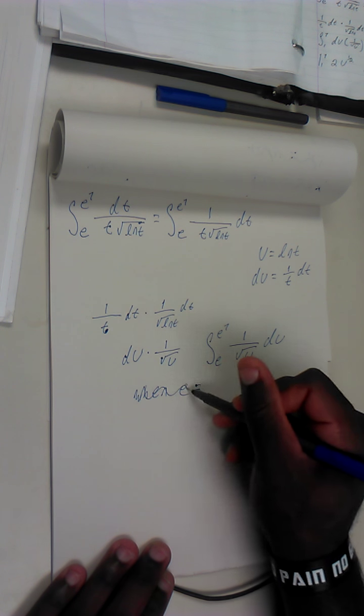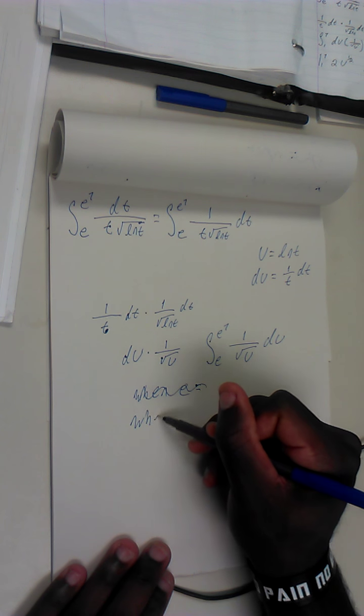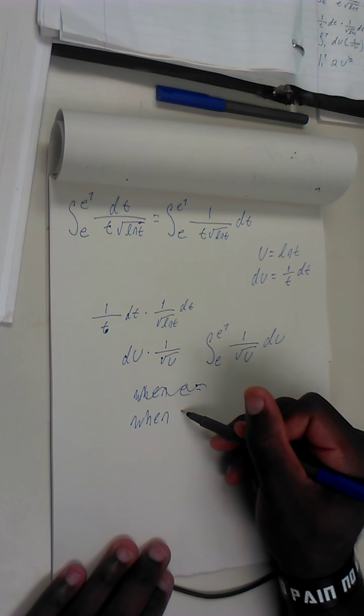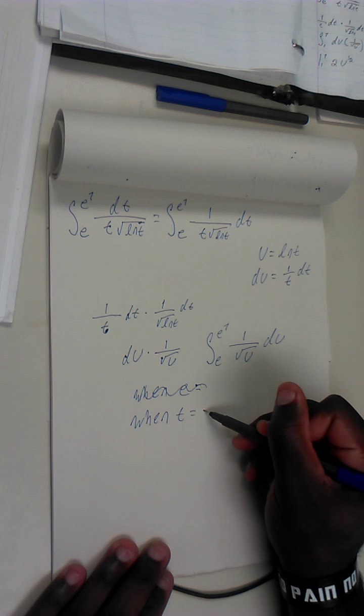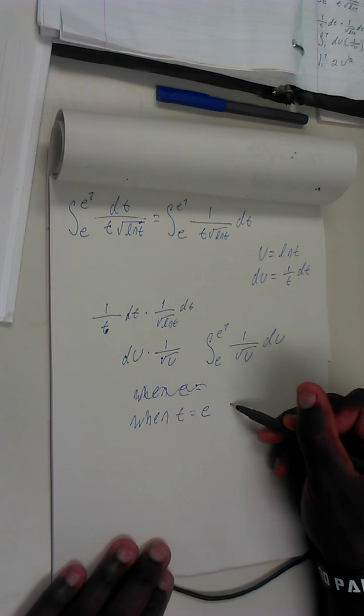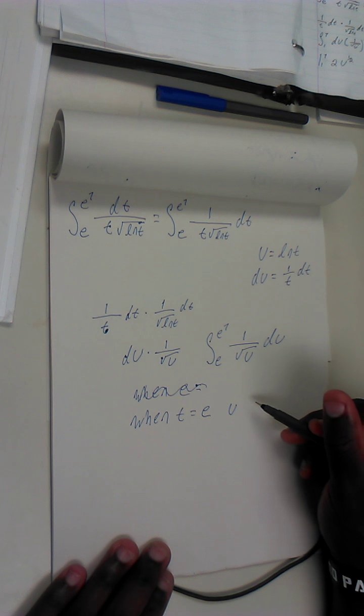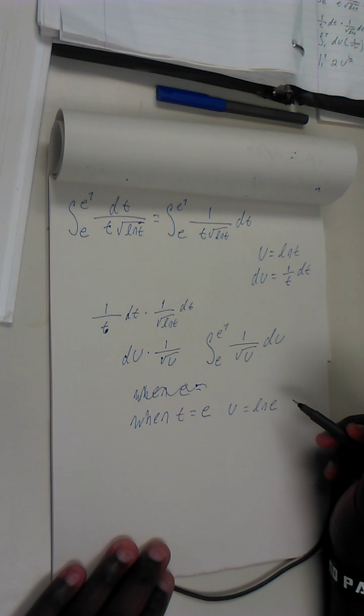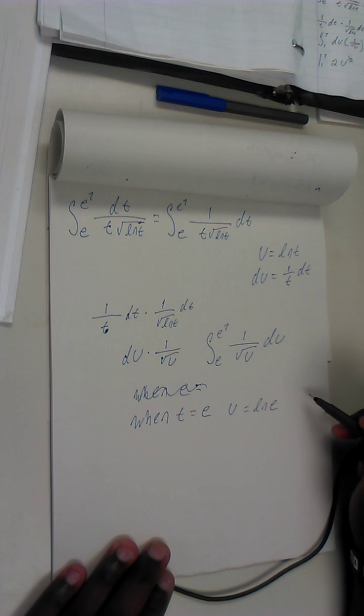So this is t function, when t is equal to e, u is equal to ln e, right? And the ln of e is just 1, right?